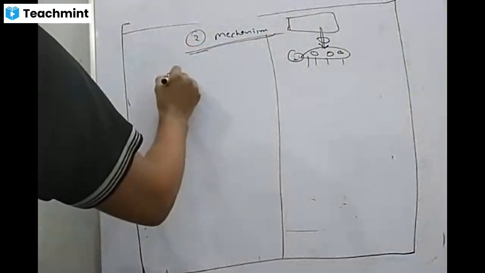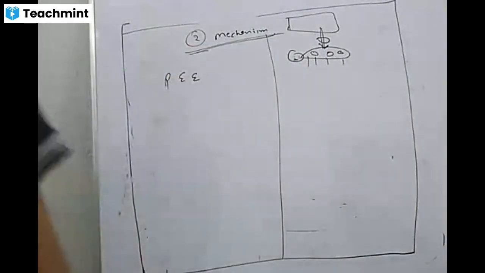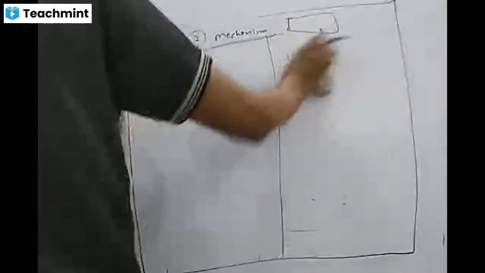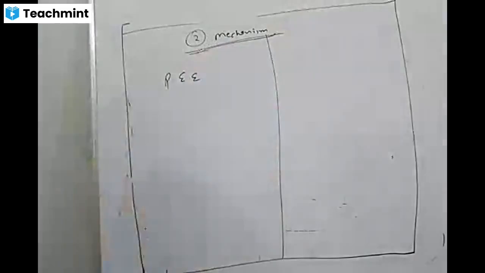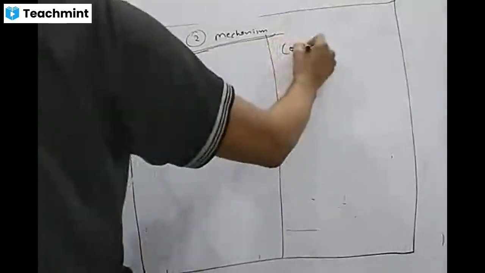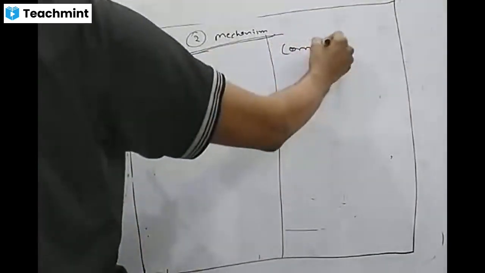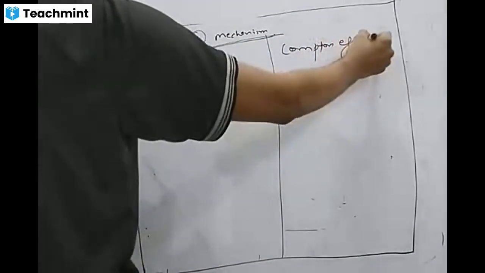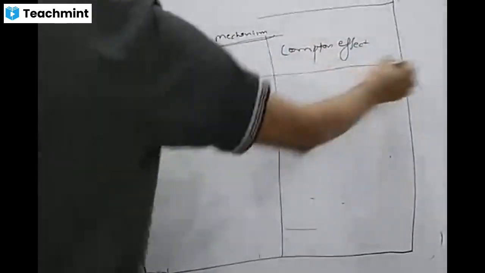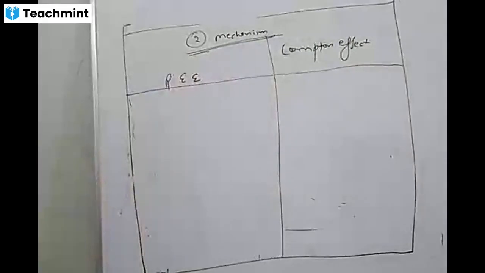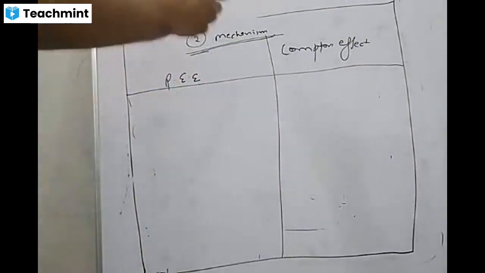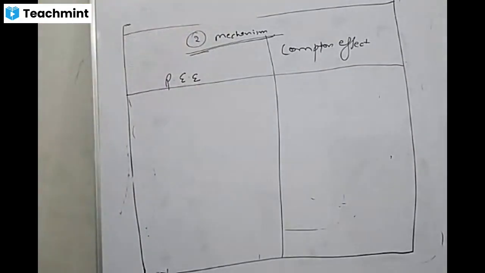One is your photoelectric effect, and the other interaction is called your Compton effect. So these are the two main mechanisms where your X-rays interact with the animal body.